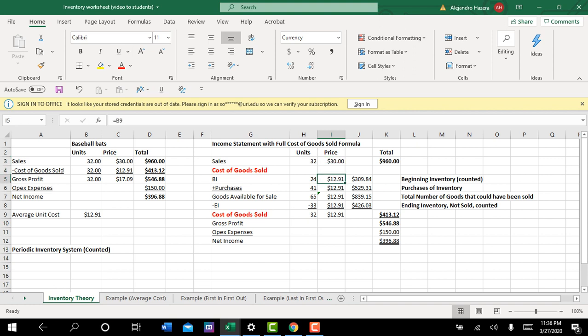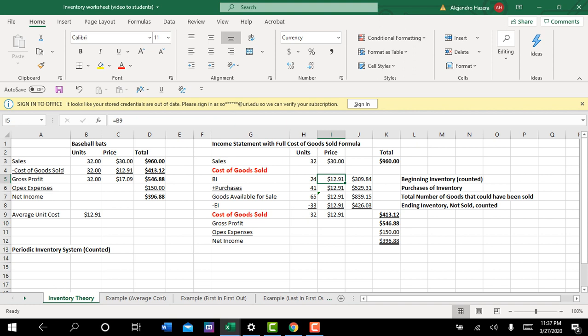We're assuming that there's no inflation and no deflation, so we're assuming that the cost hasn't changed, and that's why we've got to use one of the three methods for inventory that I'm about to show you.